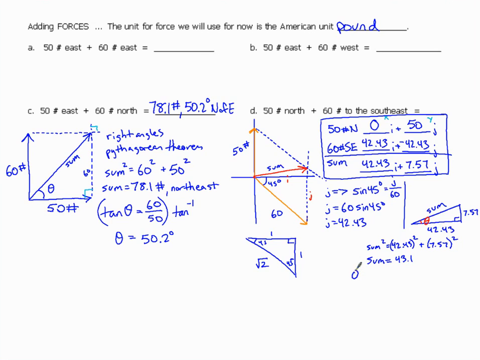So here's some minimum work for us. Theta equals inverse tangent of 7.57 over 42.43, which we find is an angle of 10.1 degrees.